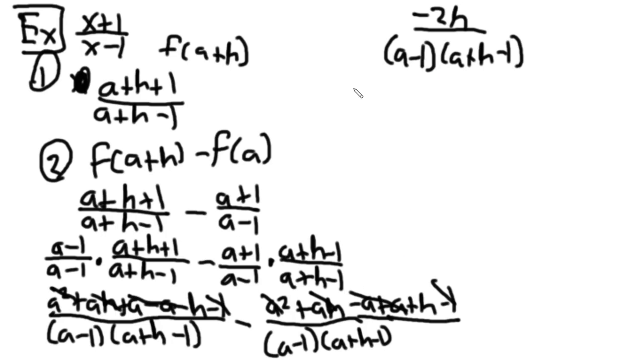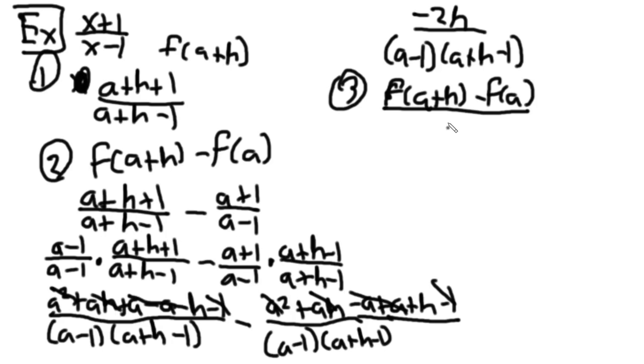Okay, so now we can go on to step 3, which is my f of a plus h minus f of a, and we're going to divide that by h. Notice that that's the same thing as multiplying by 1 over h.